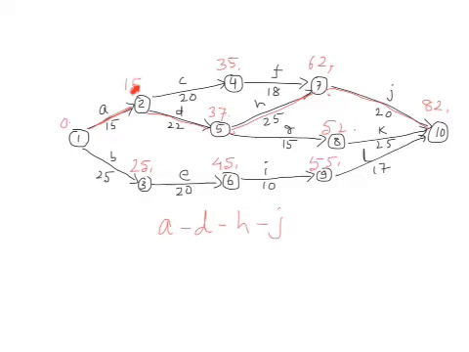Since this is delayed by 2 days, 17 plus 22 becomes 39, and 39 plus 25 becomes 64, and 64 plus 20 becomes 84, and the project completion time gets delayed by 2 days.